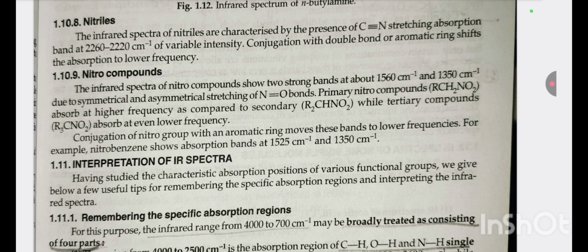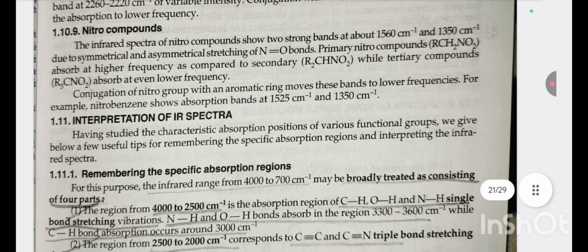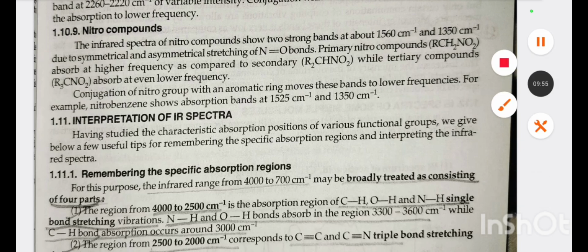Primary nitro compounds absorb at higher frequency as compared to secondary, while tertiary compounds absorb at even lower frequency. Conjugation of the nitro group with an aromatic ring moves these bands to lower frequency. For example, nitrobenzene shows absorption bands at 1525 and 1350 cm⁻¹.